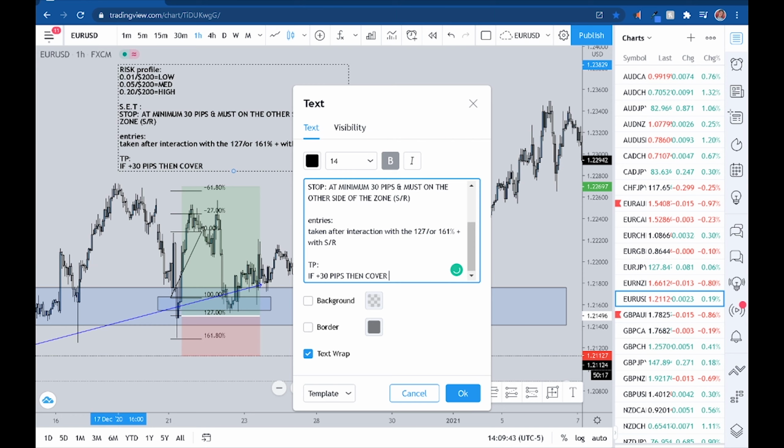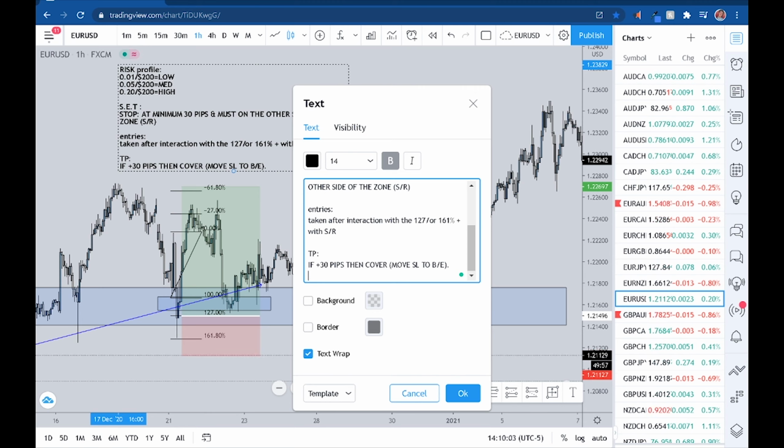So we're going to move our position to break even at this point. Okay, so we move our position to break even. And then we also have the other cases where our first TP is negative 27, right there at the top, the first area right there. And second TP.